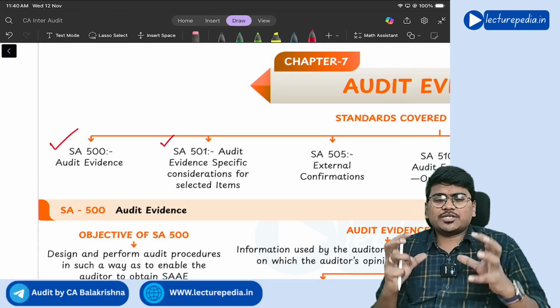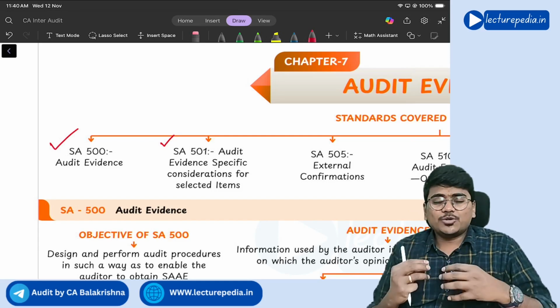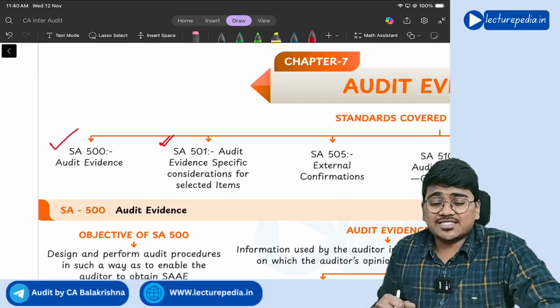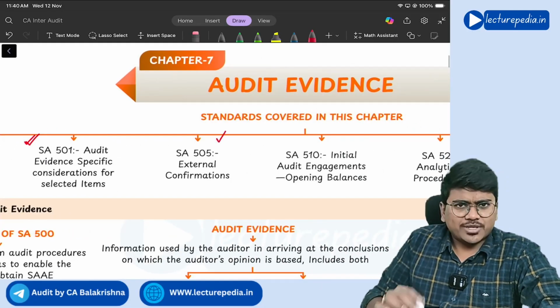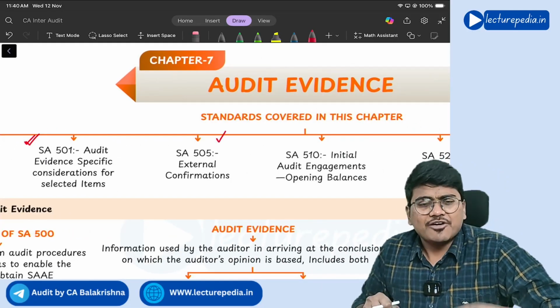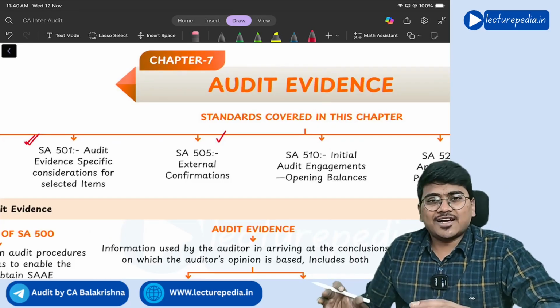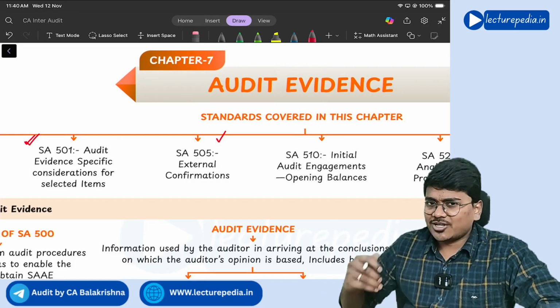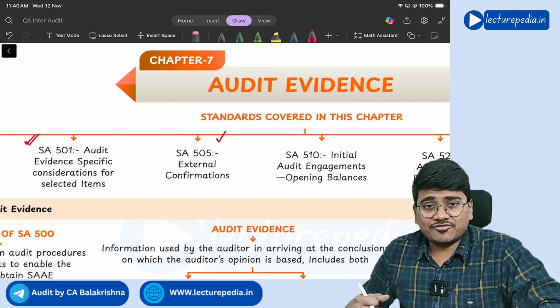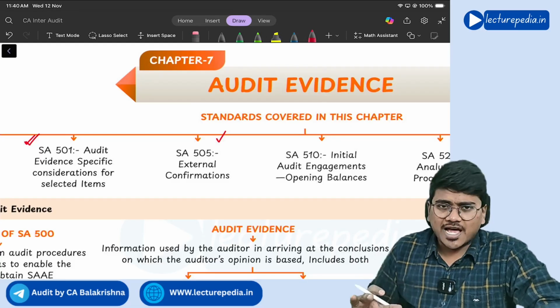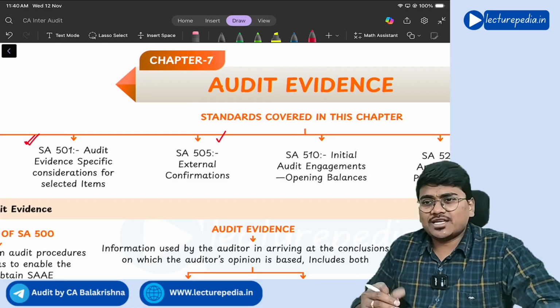So with respect to these 3 things, how to obtain audit evidence, we will be exclusively dealing in SA 501. And next we have SA 505, which is very familiar to you, nothing but external confirmation. So during the audit, lot of times you will use external confirmation. So how to perform this procedure with respect to this aspect, we will be covering in SA 505.